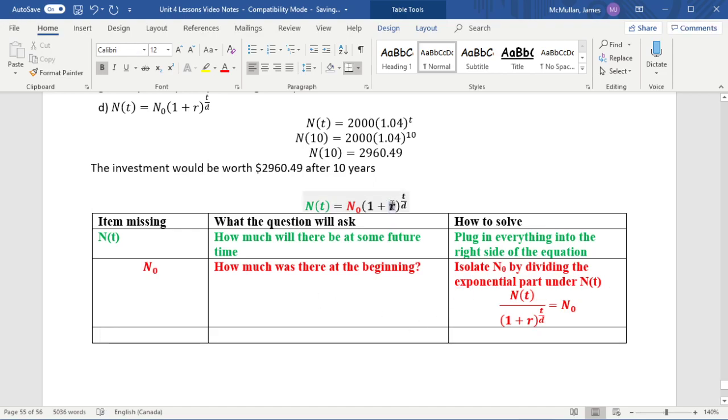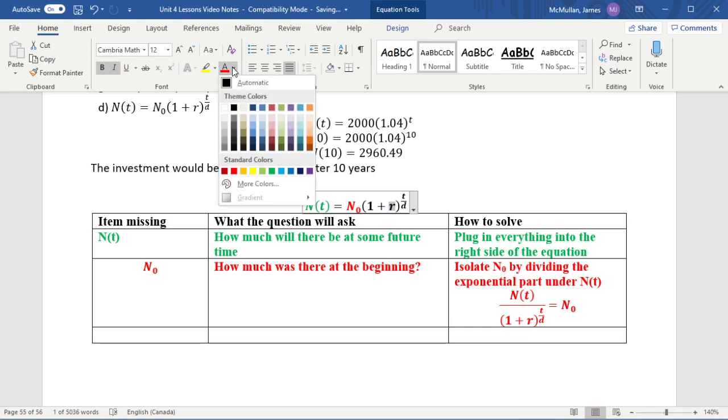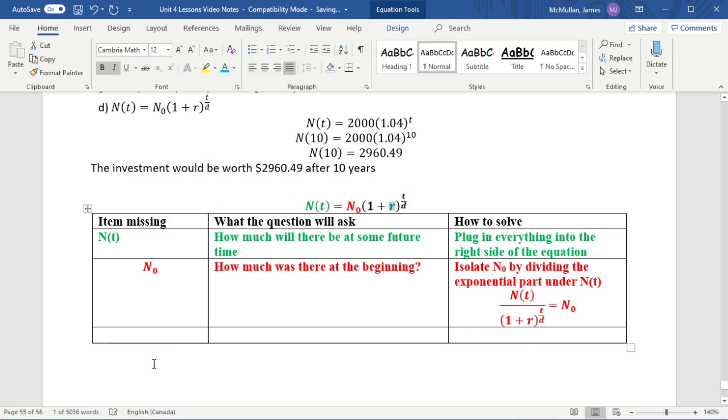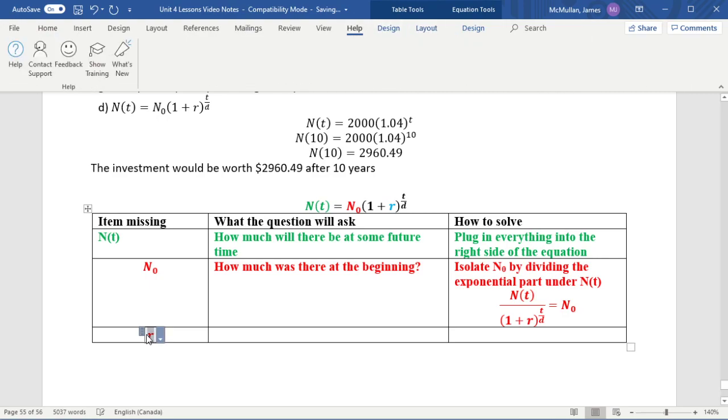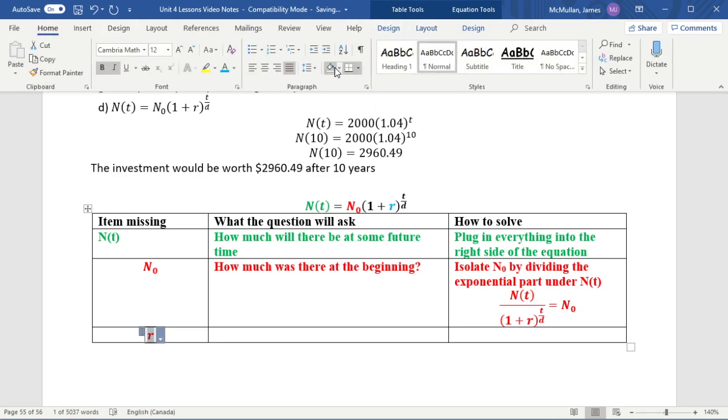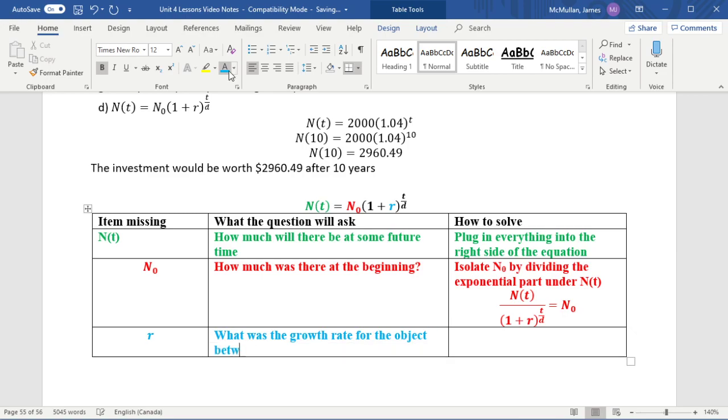Okay, if r is missing, which is the one we just did, the question would say something like, what was the growth rate for the object between N0 and N of T?